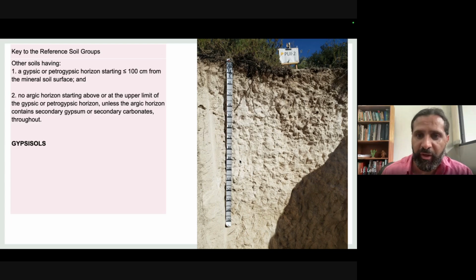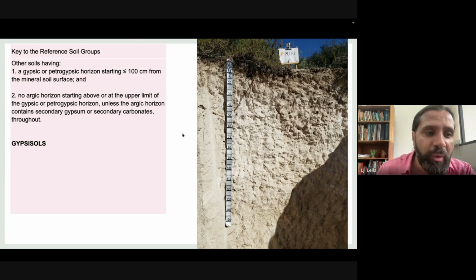This calcium sulfate is a very unstable mineral that can only precipitate in very dry regions, like the driest semi-arid and arid regions that you can think of. In these very dry regions, you can precipitate some calcium sulfate, and sometimes this precipitation could be quite strong, and we have some cementation of some layers or horizons because of this precipitation.